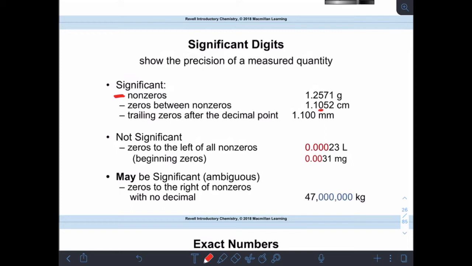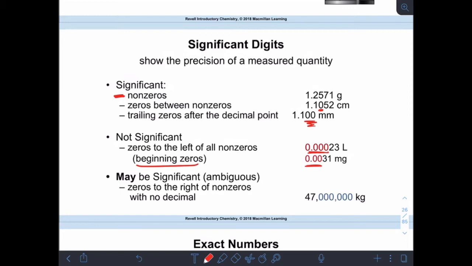And when we have a decimal place, any trailing zeros count as significant. Okay, on the other side of the equation, numbers that are never significant are beginning zeros.